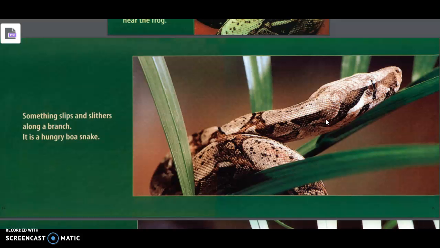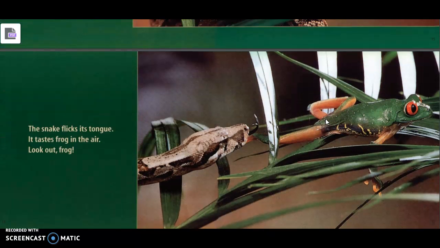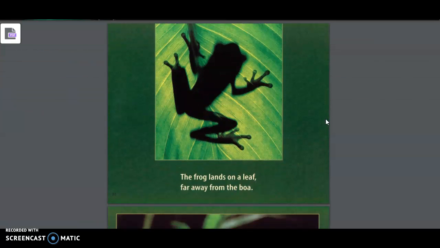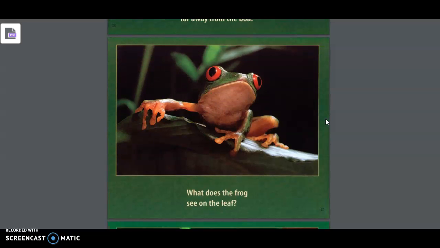Something slips and slithers along a branch. It is a hungry boa snake. The snake flicks its tongue. It tastes frog in the air. Look out, frog! Jump! The frog lands on a leaf, far away from the boa. What does the frog see on the leaf?